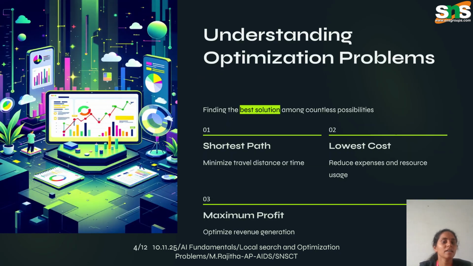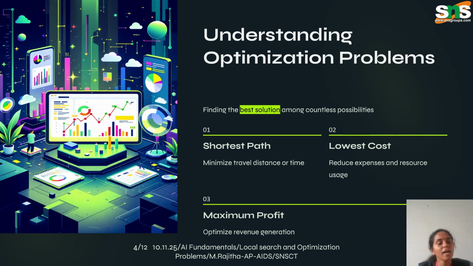So, understanding optimization problems. Define optimization: finding the best among many possible solutions. Example categories: shortest path, for example finding the fastest route from home to college. Lowest cost, for example minimizing transport or energy cost. Maximum profit, maximizing production, efficiency or return.